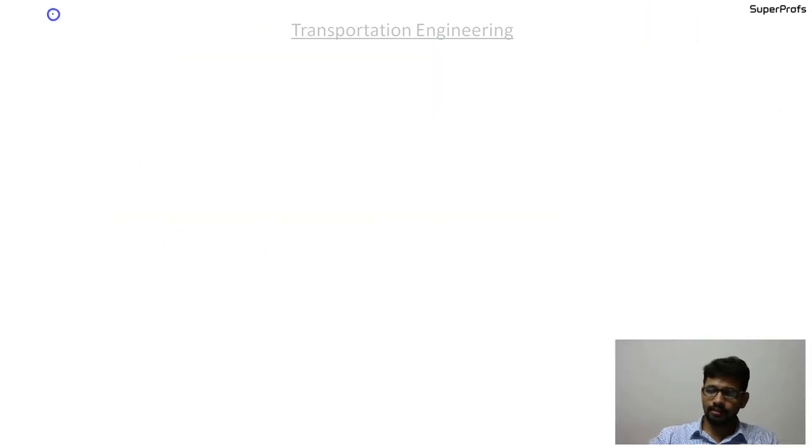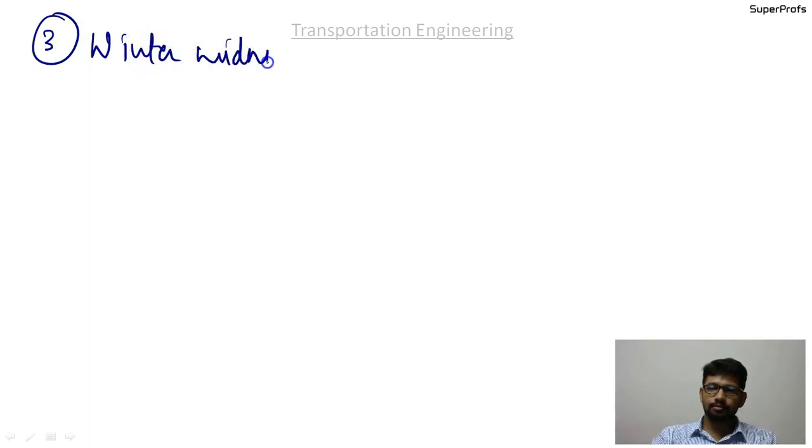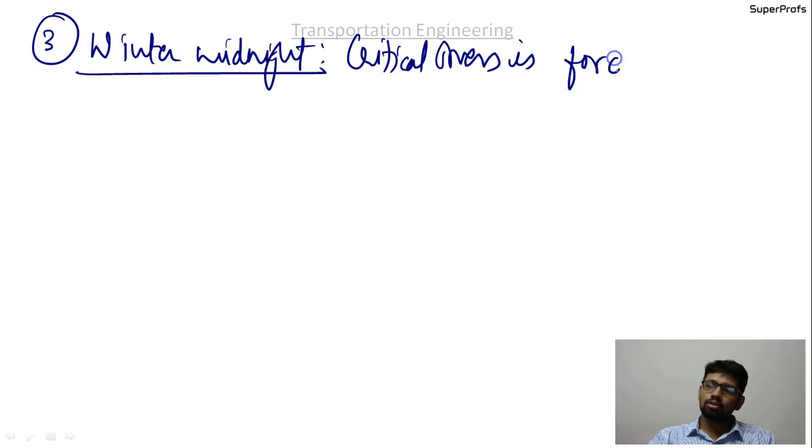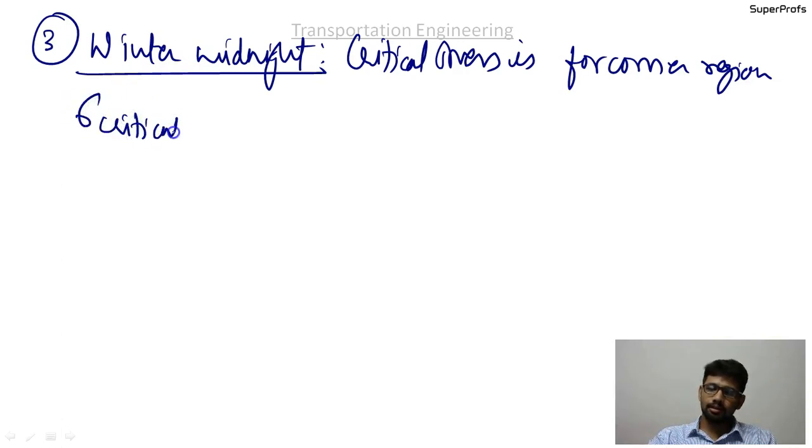Case number 3 is winter midnight. Critical stress is for the corner region. Sigma critical is equal to sigma c plus sigma we, and no frictional stresses are mentioned.